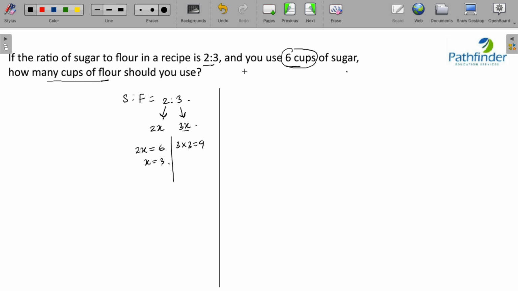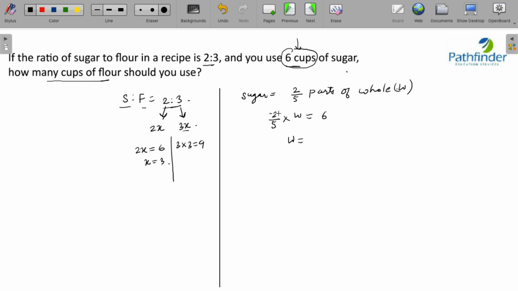Now you can also solve this by saying that if sugar and flour are in the ratio of 2:3, it means sugar is 2 by 5. Why 5? 2 plus 3. So 2 by 5 parts of the whole. Correct? So let us say the whole quantity is W. So 2 by 5 parts of W is 6, because the quantity of sugar is given to be 6.